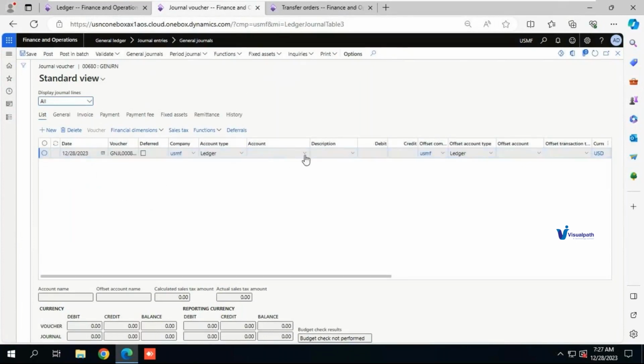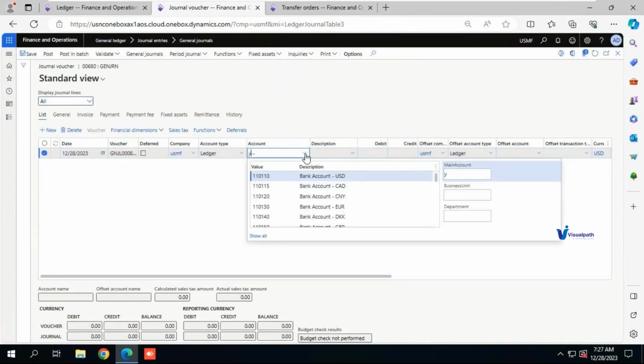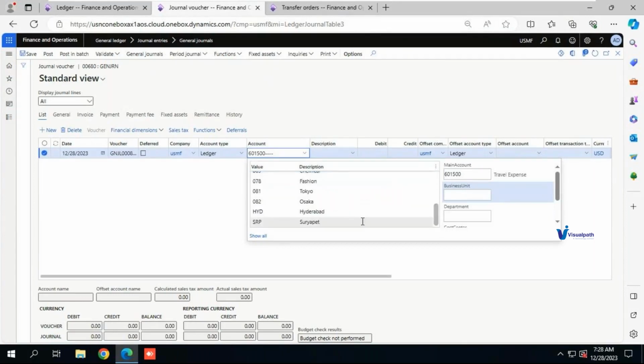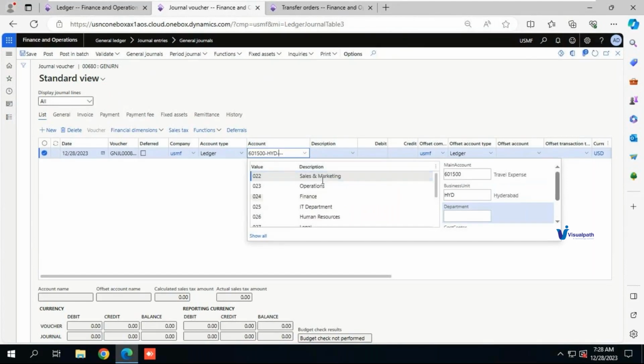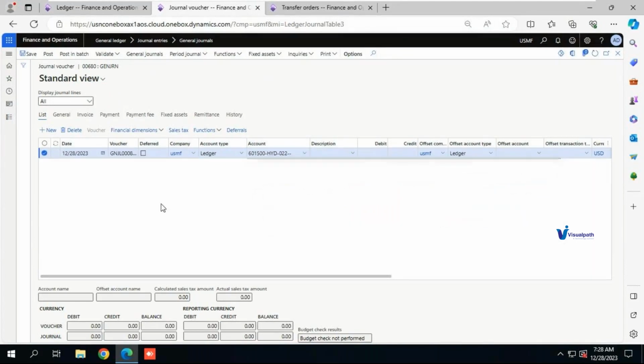Now I'm selecting travel expenses. While selecting travel expenses, I can select business unit Hyderabad and sales department. Here I'm selecting travel expenses along with the Hyderabad business unit and department 22. Suppose it is $200. I'm posting this one.